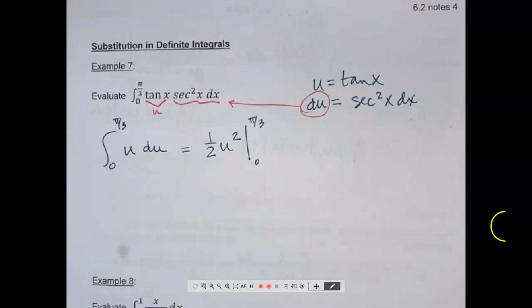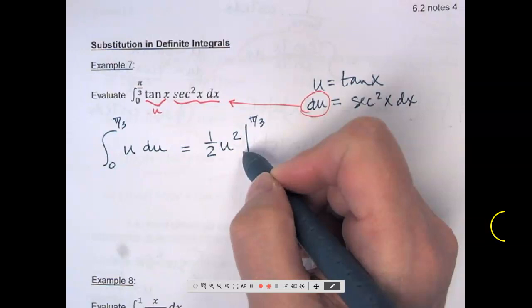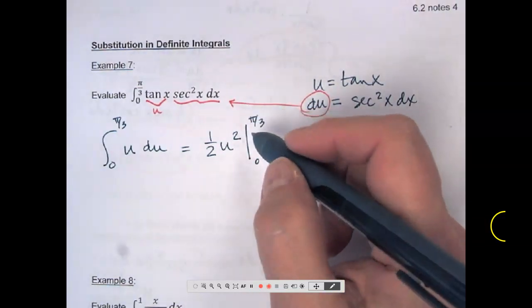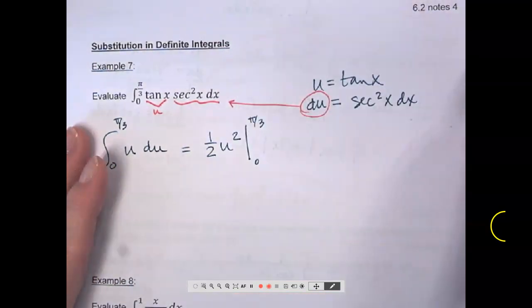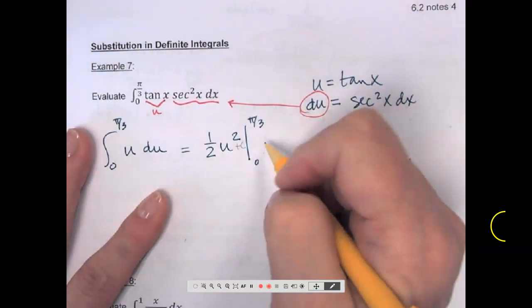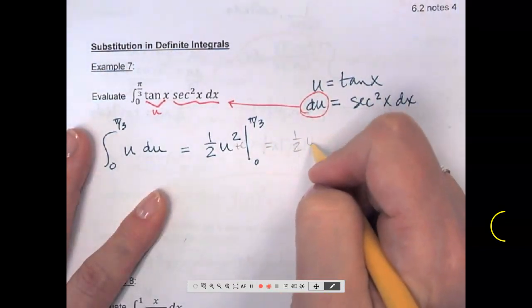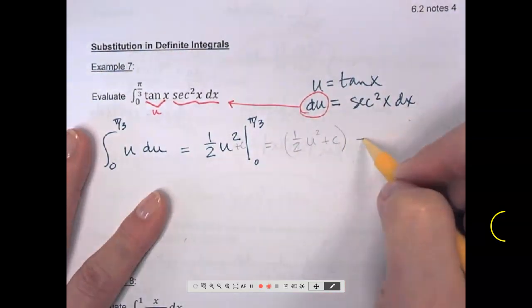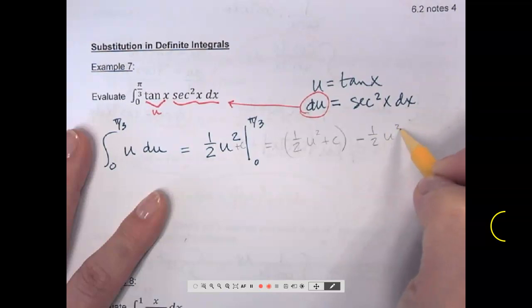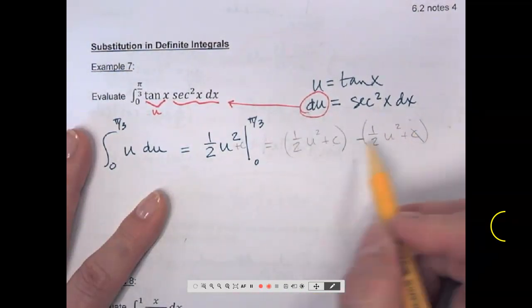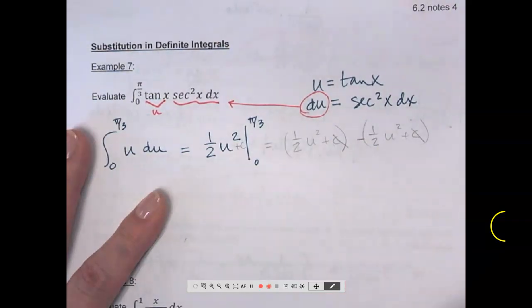So, okay, there are two ways. Oh, back up one second. Why did I not do plus c? Because you have numbers. If you forget and do plus c, it's okay, it'll work out. If I did plus c, then I would say this is 1/2 u squared plus c evaluated there, minus 1/2 u squared plus c evaluated at the lower number, and then this c minus c is going to cancel every single time.